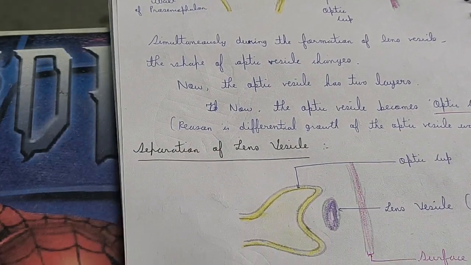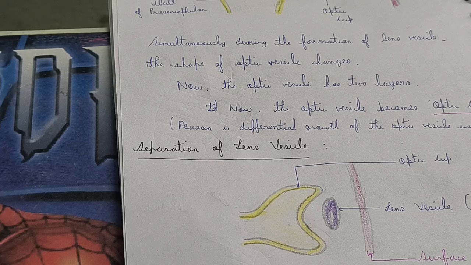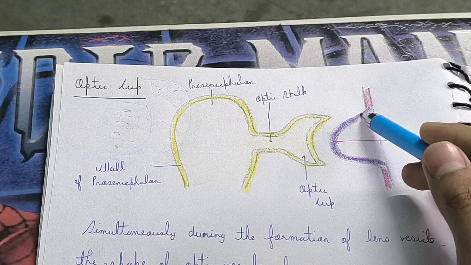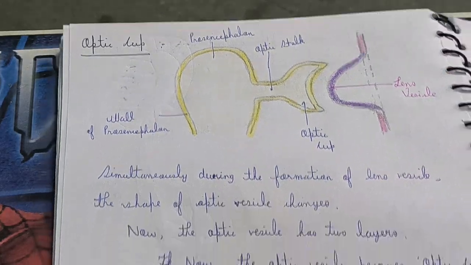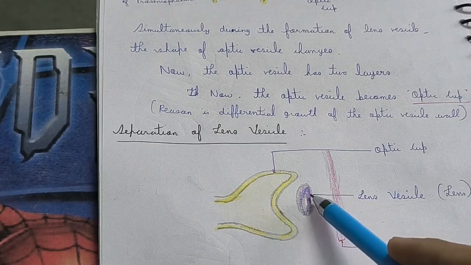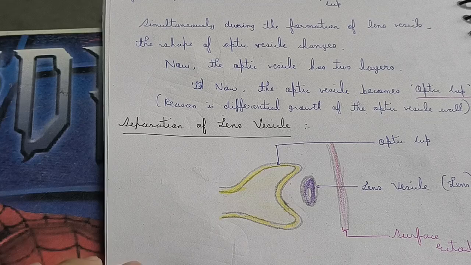So now the next part that I want to discuss is the separation of the lens vesicle. Initially, you can see that this lens vesicle is in contact with the surface ectoderm. But now you can see that this lens vesicle is completely separated from the surface ectoderm.